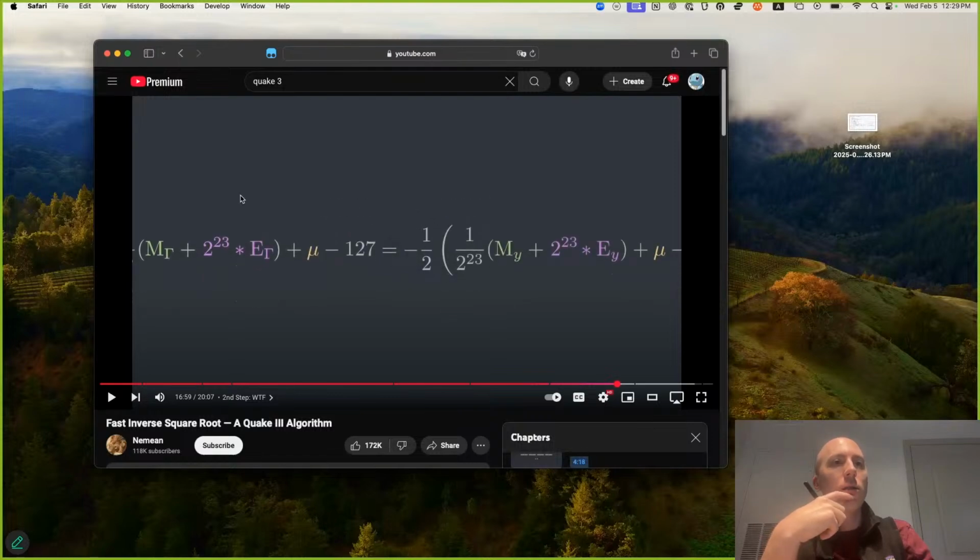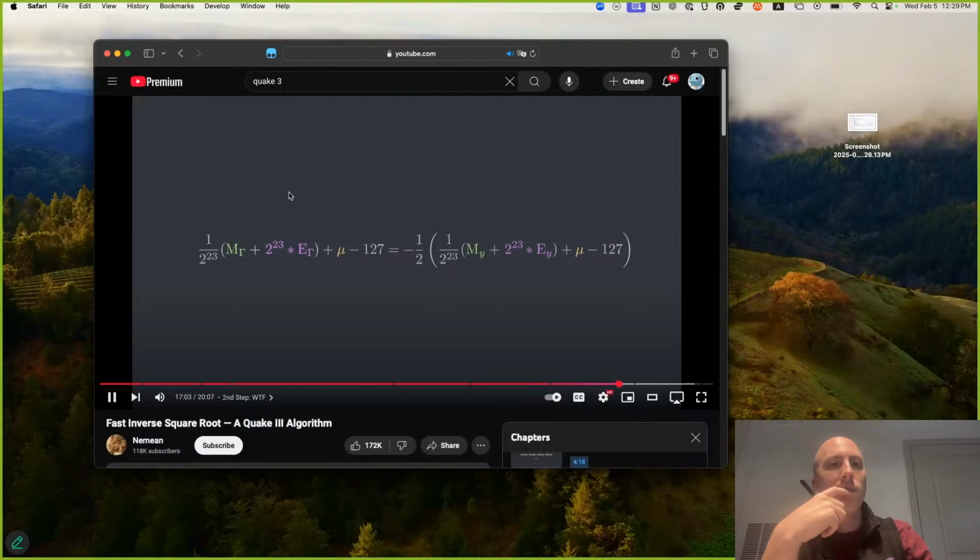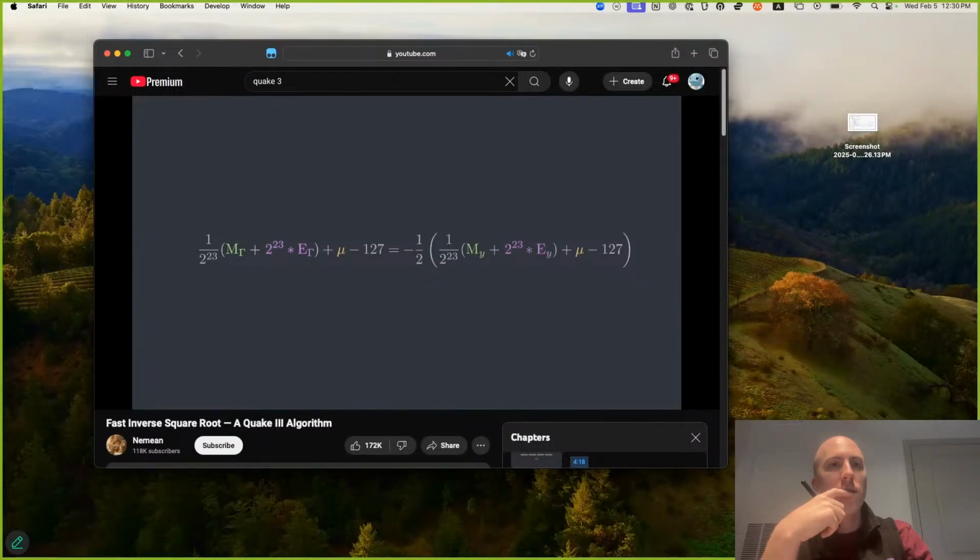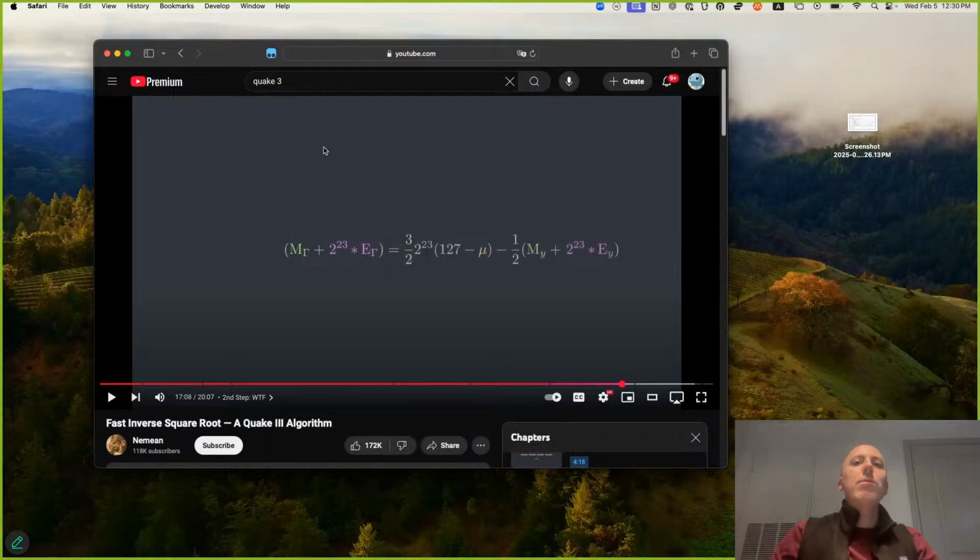You don't know gamma right now, and then we just solve for the bits of gamma. I'll spare us the details, but this is the result. It could be interesting to write this out in code and see that this is equal to y, or I, as it's called in the code.